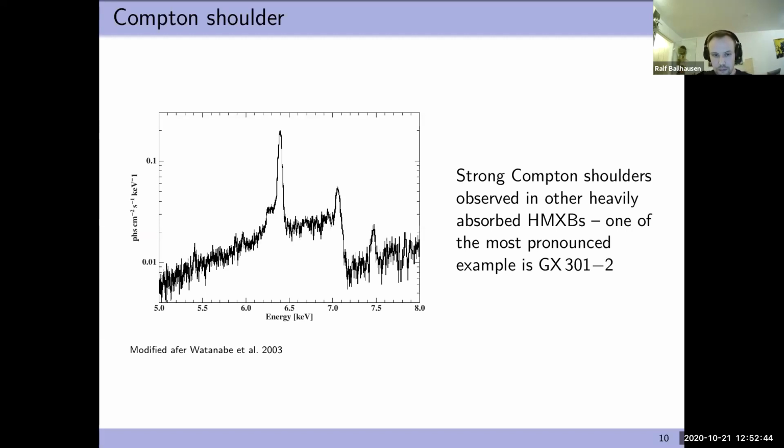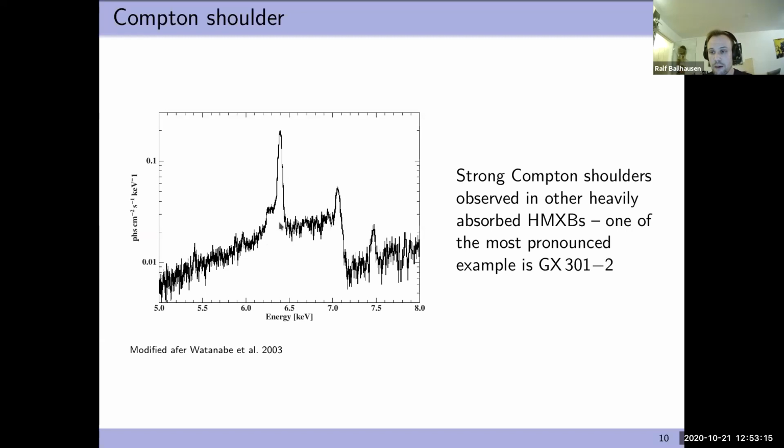So basically the amount of hydrogen that you have, because this is just Compton scattering, and the higher the electron density is, the higher the probability for Compton scattering is. So how strong the Compton shoulder is with respect to the primary line is really a strong tracer for the electron density.